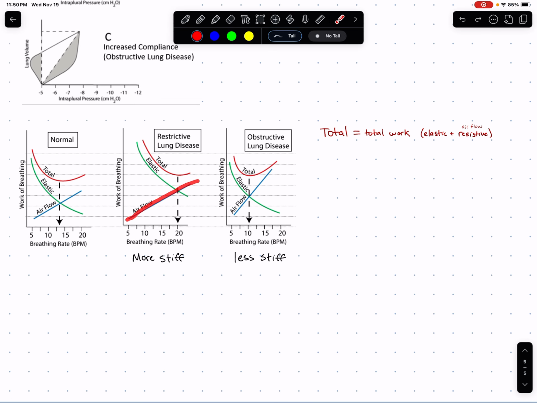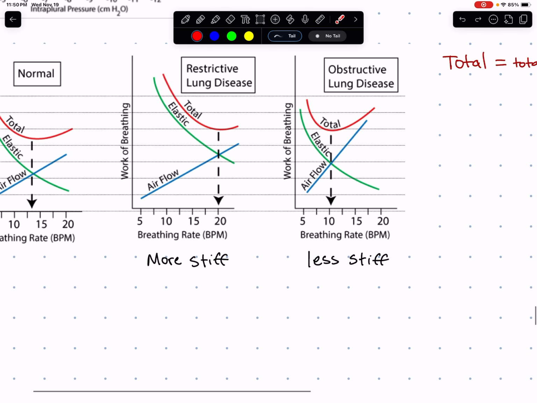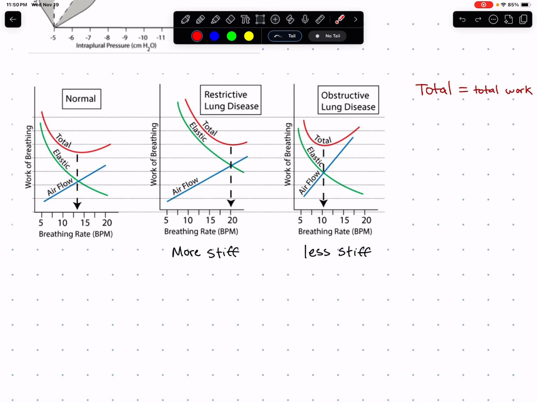This is more stiff. If you had a less stiff lung, you'd have a lot more airflow. If you had more stiff, you have a flatter airflow, a little bit more work. But as you can see, your elasticity just kind of stays the same, more or less, even though we're talking about more stiff. So a little bit of a flaw in this graph. You can see that it changes the position of elasticity.